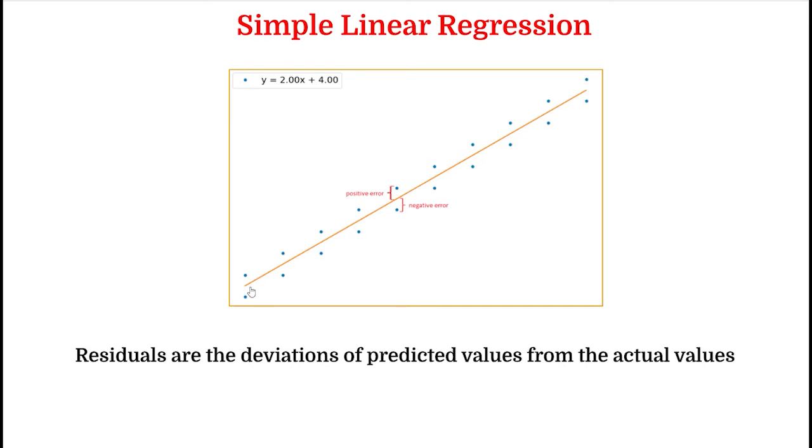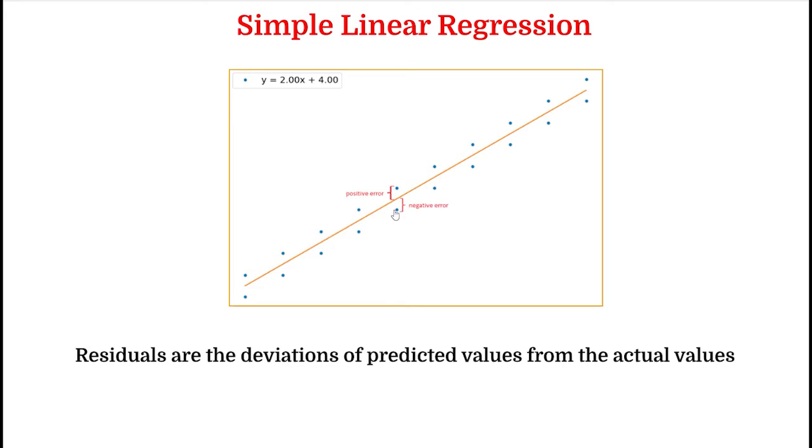Let's say we have these data points over here and we try to fit them with a line, and some of those data points are above that line and some are below it. For the data points which are below the estimated line, for example this one, we have actually overestimated it.